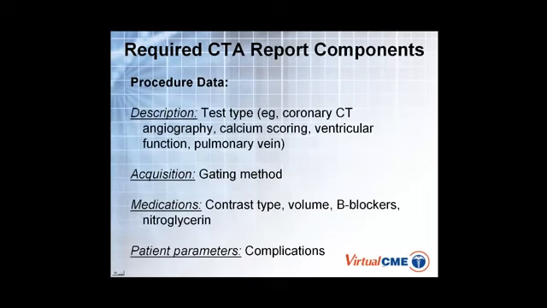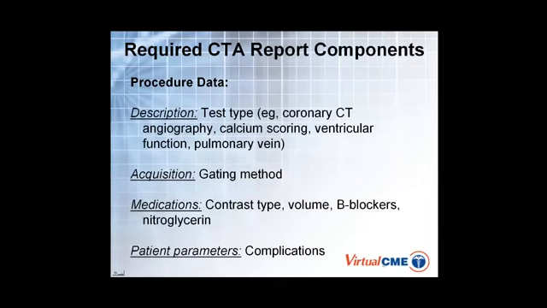In terms of the procedure data, there are different test types. So you're going to do coronary CT angiography with or without calcium scoring. And if you're doing retrospective gating, you may have included left ventricular function. If you're doing the study for an electrophysiologist who's interested in ablation, you may be doing it for pulmonary vein anatomy.